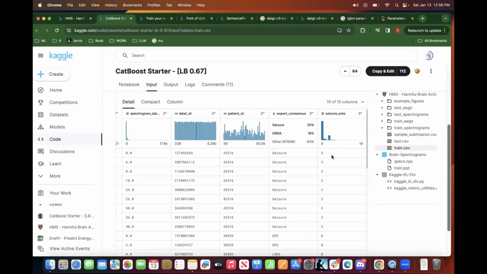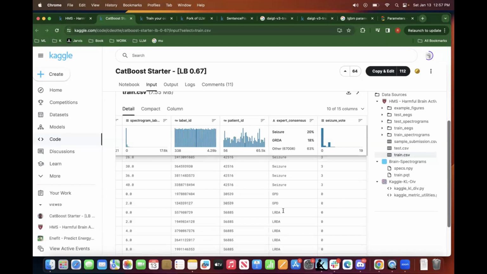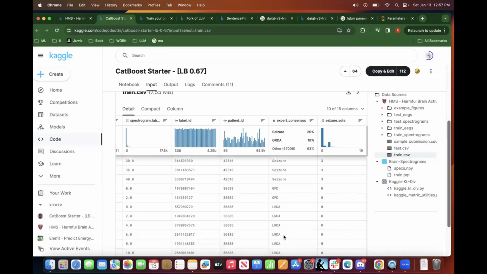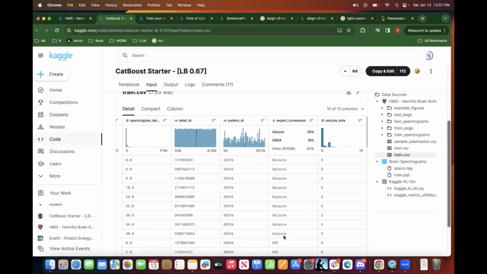Right, and then the votes are how many votes there are from the experts for each of those classes. The number of experts for each spectrogram varies, I believe. And those experts vote on what it is, and some of them differ on what it is.